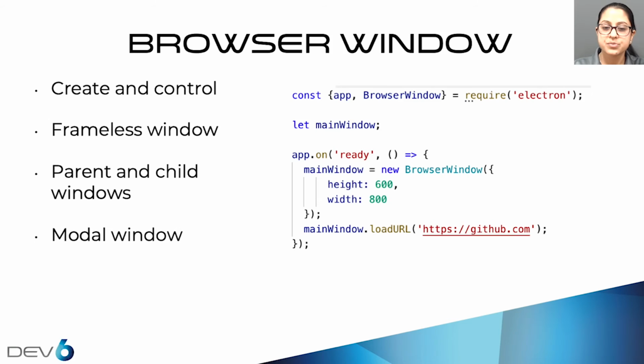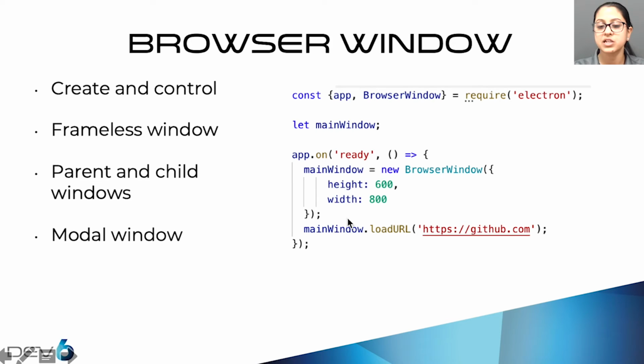The next one is BrowserWindow. With BrowserWindow, we are talking about the various render processes, like how you begin. In the main process, when you start creating your desktop app, you have to call this package out of require('electron'), and once you have it, you can create a new browser window by giving the height and width.